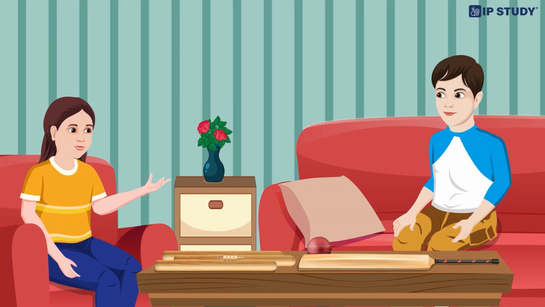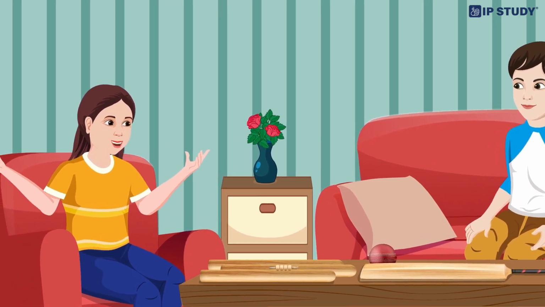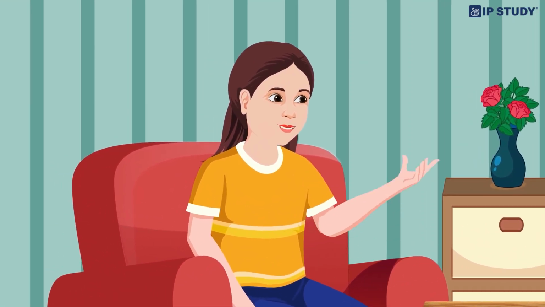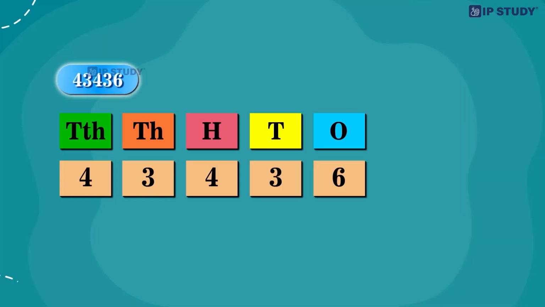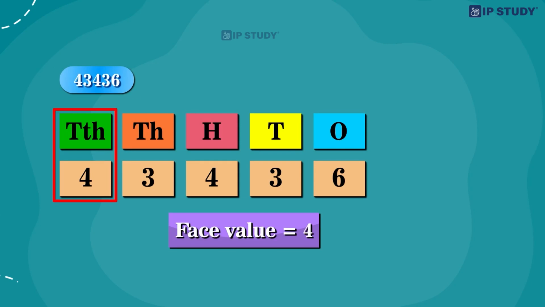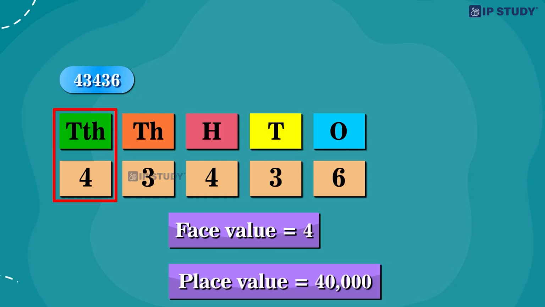Exactly. The face value of a digit is the digit itself, while the place value depends on its position. For example, in the 5-digit number 43,436, the face value of the 4 in the 10,000s place is 4, but its place value is 40,000.